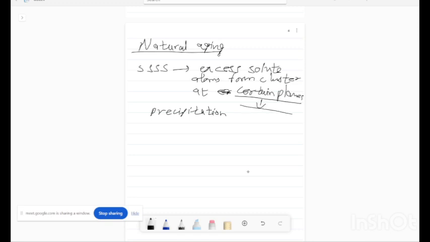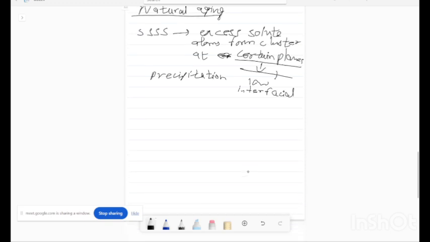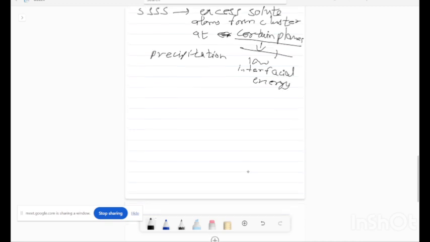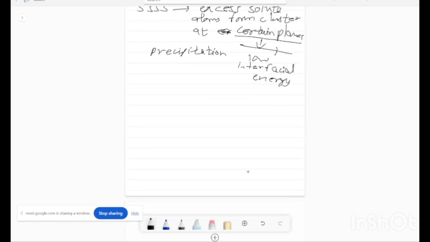That's why only certain planes which have low interfacial energy are preferred for precipitation by the solute atoms. So the solute atoms cluster to form the GP zones.